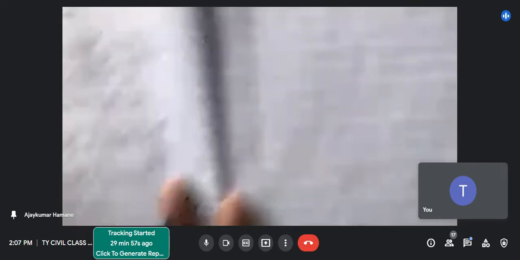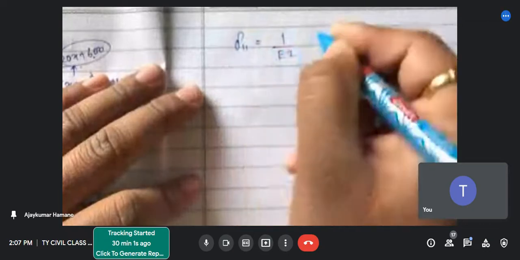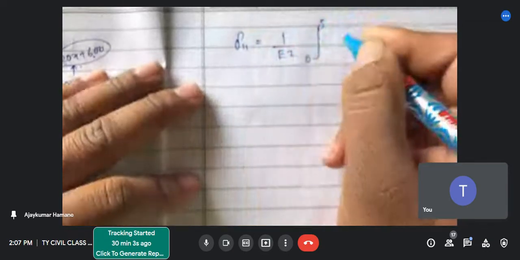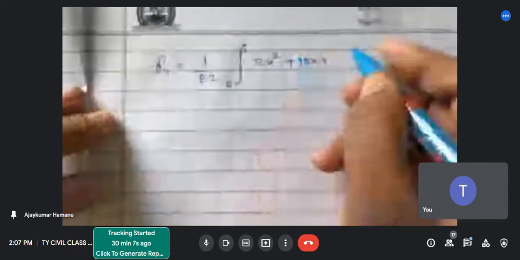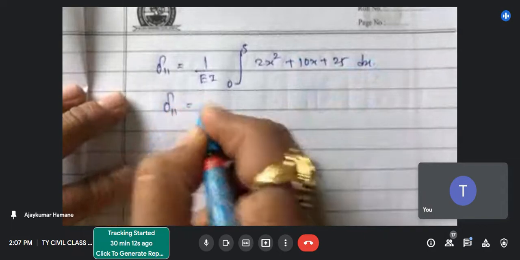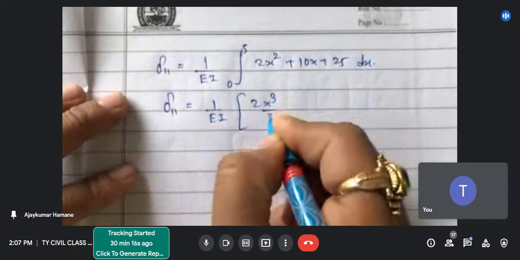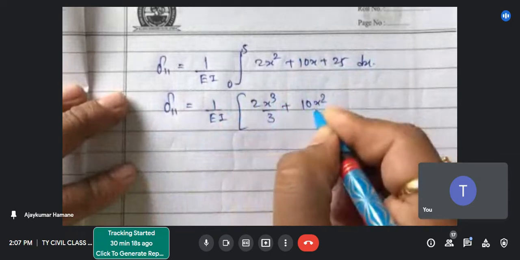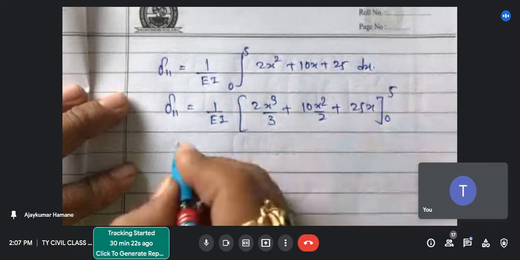So if you solve this, delta 1 divided by EI becomes 0 to 5, 2x square plus 10x plus 25 dx. So delta 1 equals 1 by EI, 2x cube divided by 3 plus 10x square divided by 2 plus 25x, limits are 5 to 0.